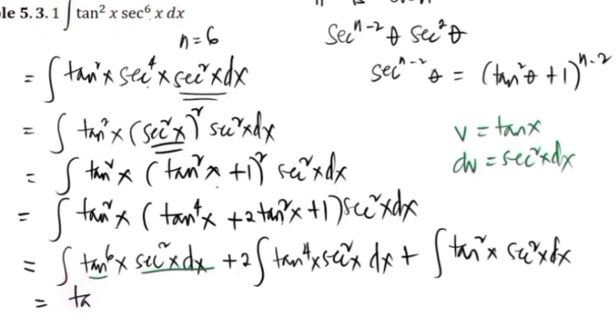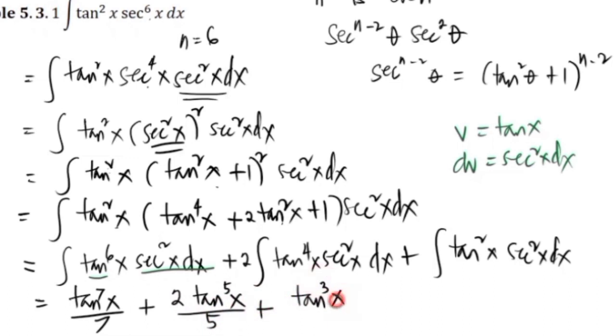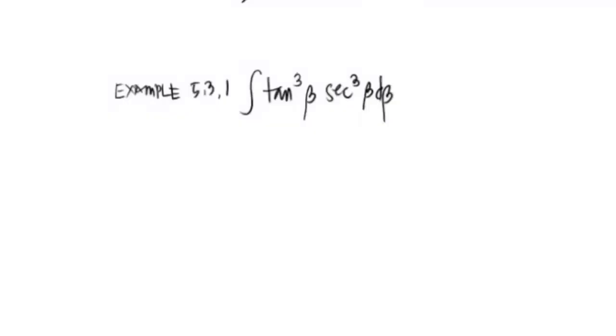So we would have here tangent to the 7x over 7, so that's n plus 1 over n plus 1, plus 2 tangent to the 5th, so that's 5x over 5, plus tangent cube x over 3 plus c. And this is your answer.